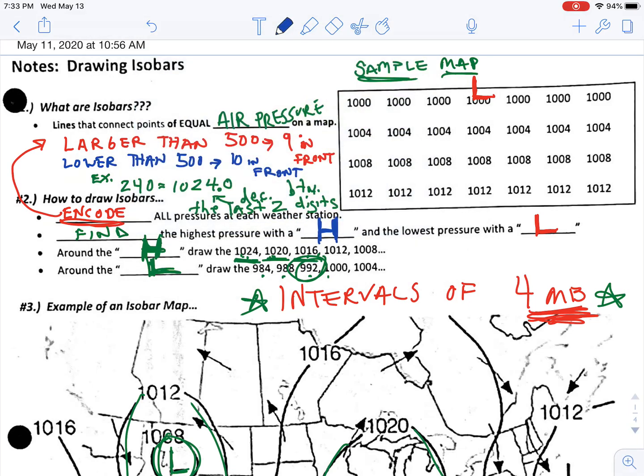And I'm going to put a large blue H here because those are my highest numbers of 1012. Then I'm going to pick the color green to keep things distinguished, and connect all the areas of equal air pressure, and label it 1012 millibars. Connect areas of equal air pressure. I'm going to label it as 1008 millibars. Connect areas of equal air pressure, 1004 millibars. And this looks relatively simple.